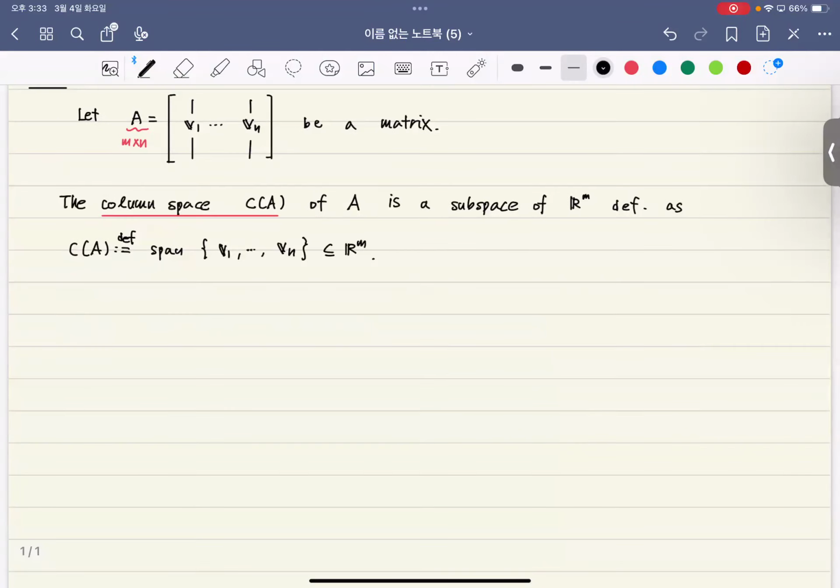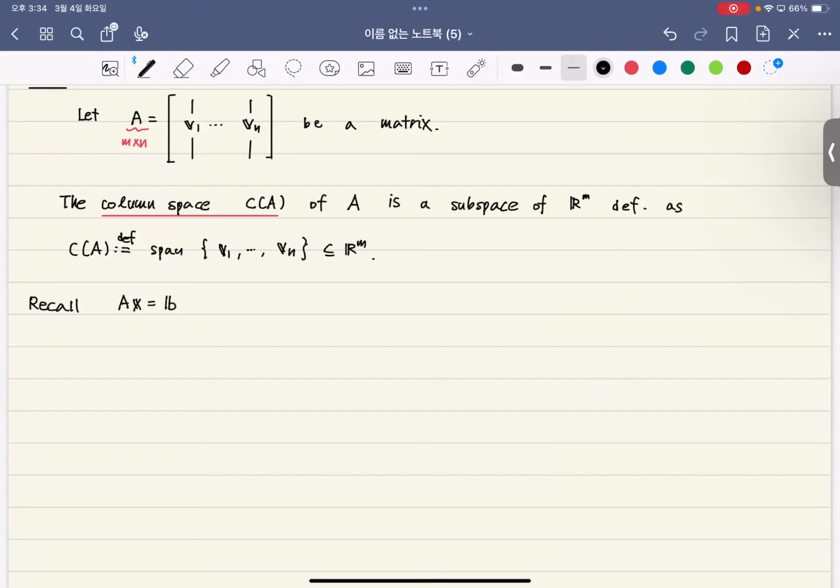Now, why do we even care about the column space? Because obviously we are interested in solving systems of linear equations. Ax equals b, this is my system of linear equations.